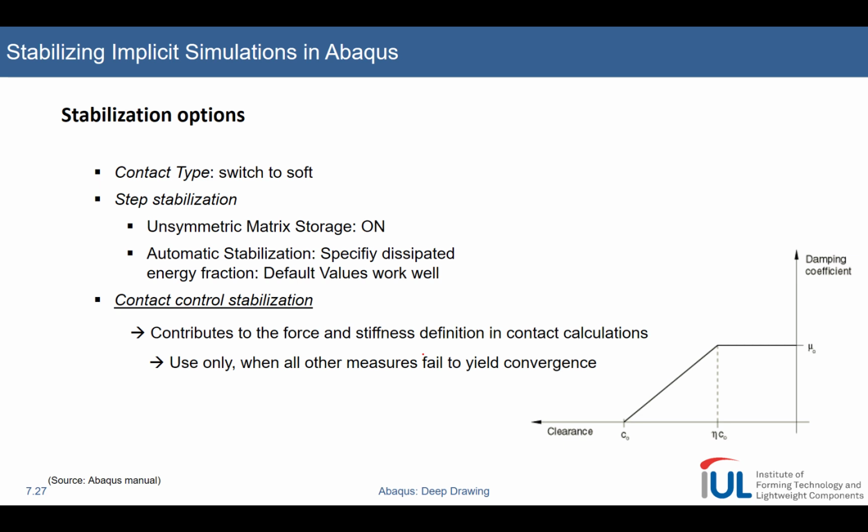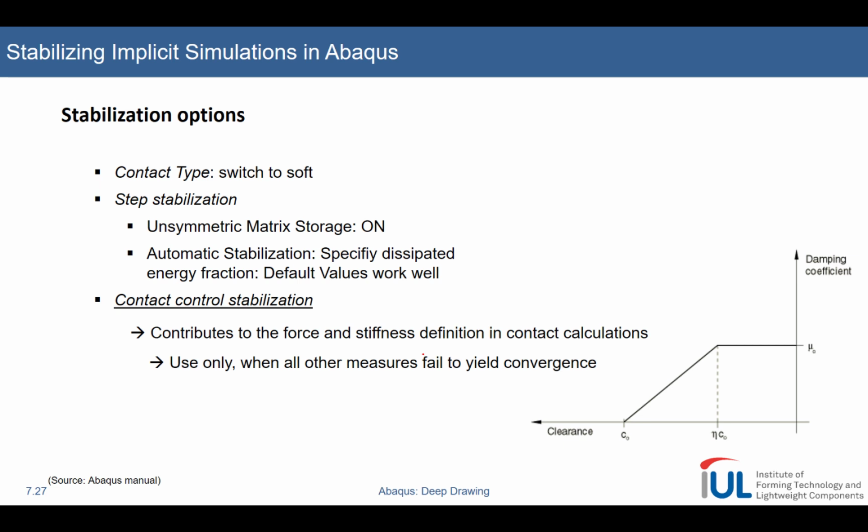But the contact control stabilization usually deals with the problems that occur, especially related to hard contact, normal direction interaction. And these damping terms in your contact controls also contribute to the force and stiffness definition in your contact calculation, not in your global equilibrium calculation.